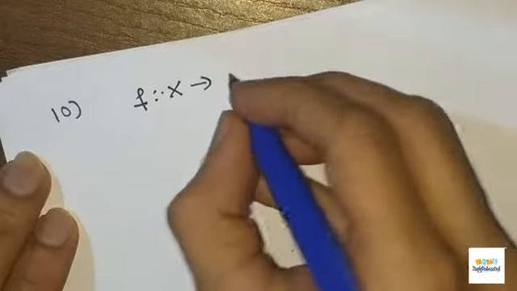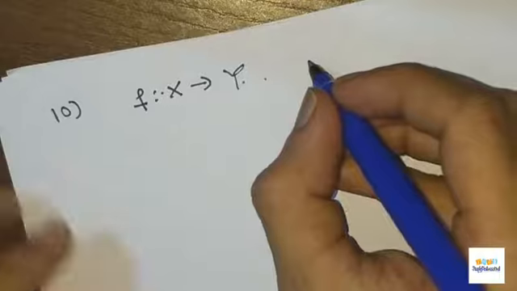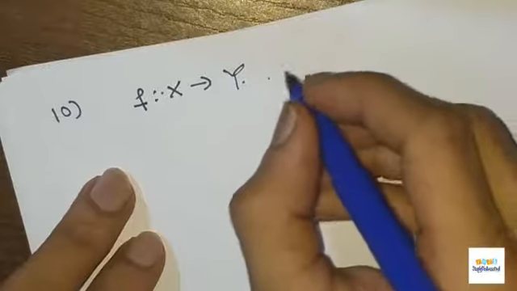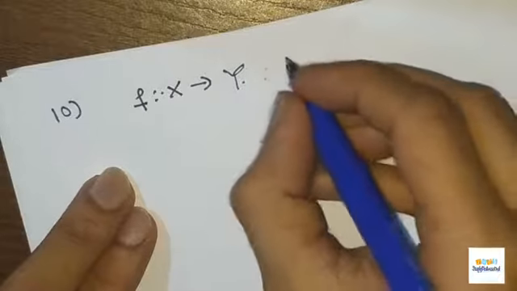So you have a function f from X to Y, which is an invertible function.